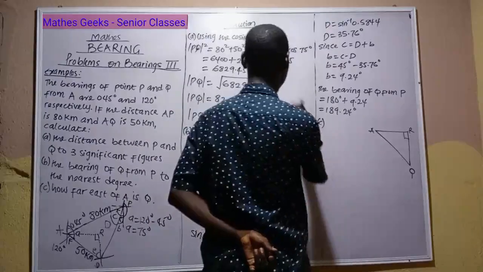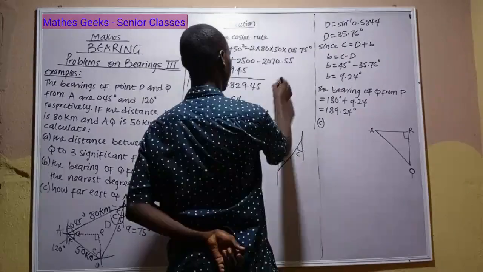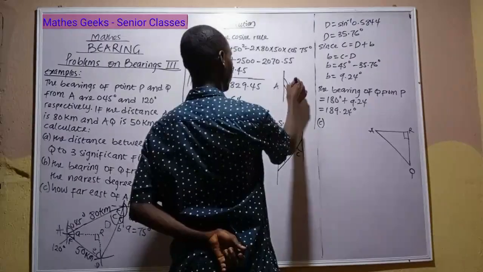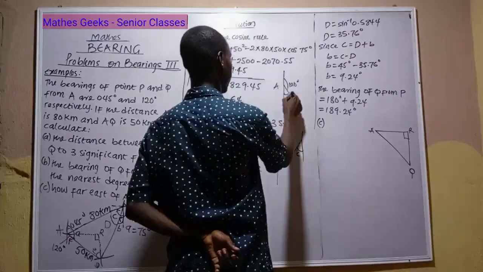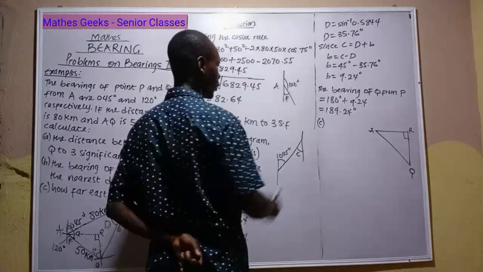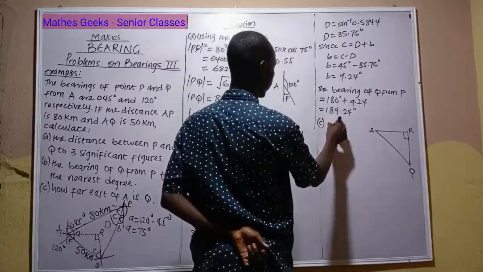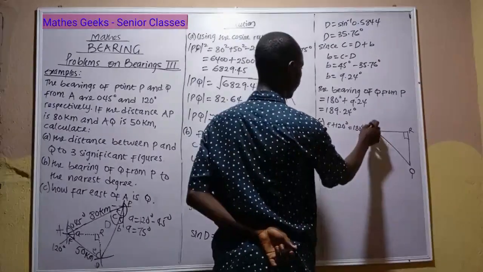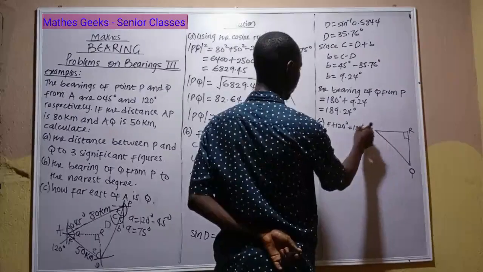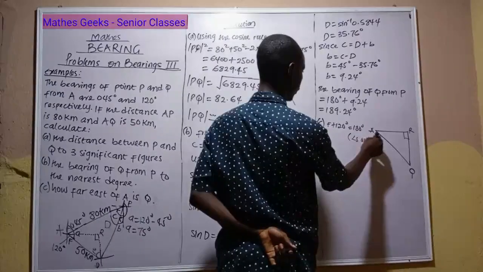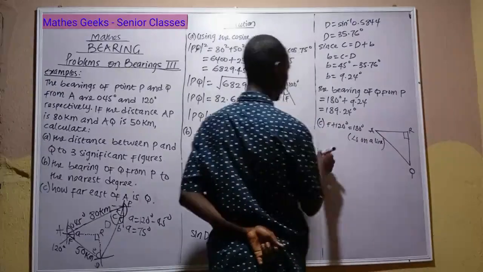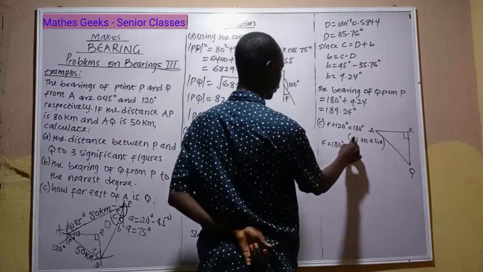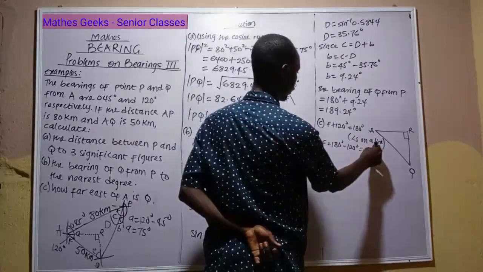So this is A, we have this 120 degrees, and here is F. So F plus 120 degrees equals 180 degrees. What's the reason? Angles on a straight line. So F is equal to 180 degrees minus 120 degrees, that's equal to 60 degrees.